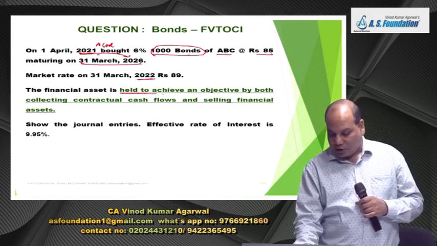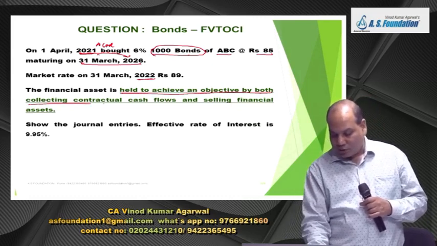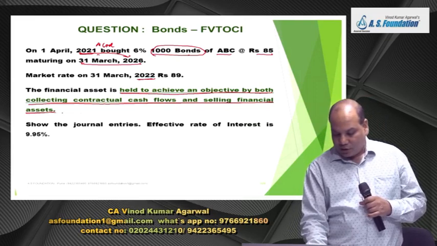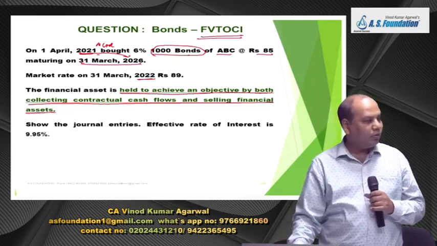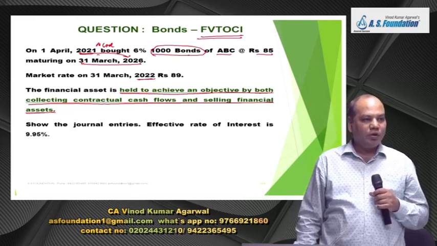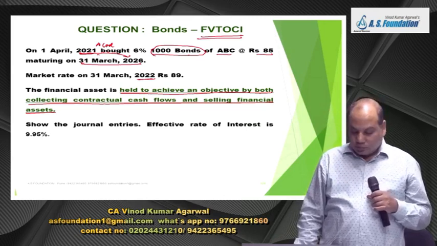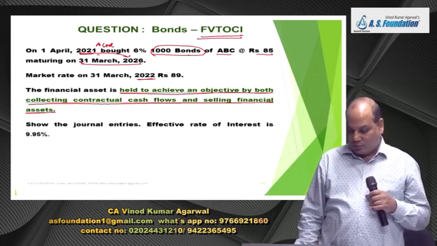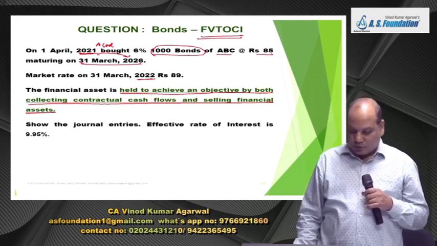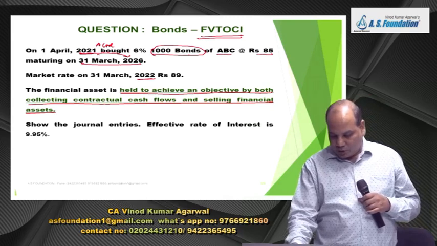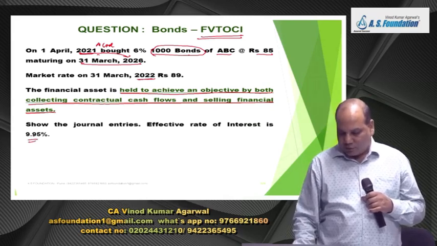So what is the objective of giving this sentence to you in the question? Classification will be FVT OCI. Right? Show the journal entries. And effective rate of interest is 9.95%. If you do the calculation, it will come to 9.95%.